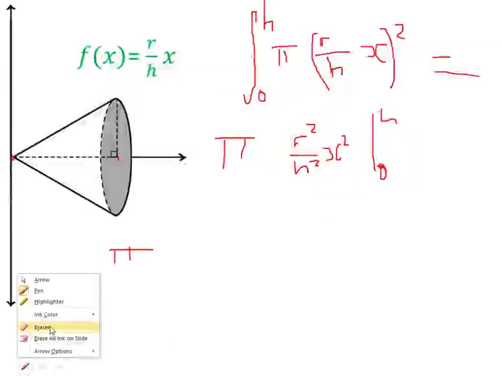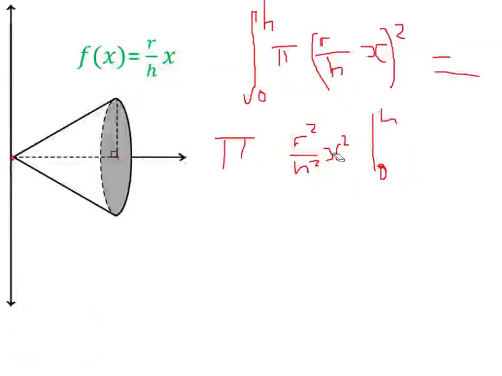As I said before, no point putting 0, seeing as it's all going to get multiplied here. So you might as well just put h into the equation, then you're done. So pi, oh I forgot to put x cubed over 3, 1/3 pi r squared divided by h squared h cubed.